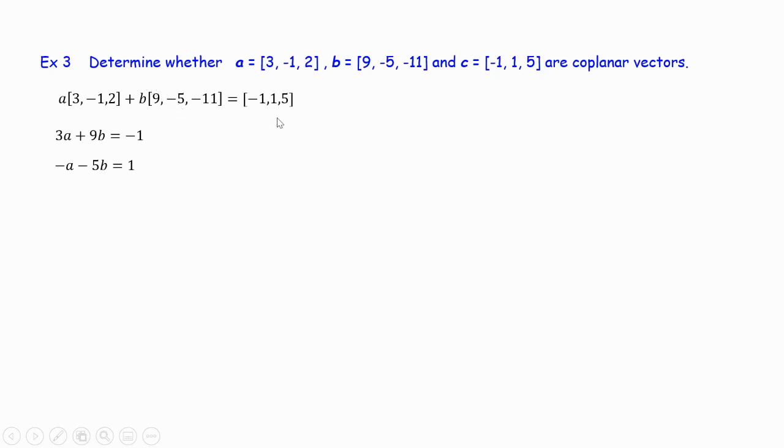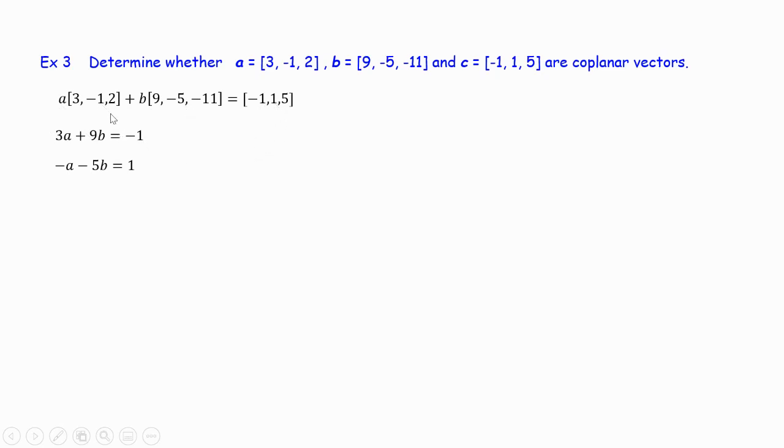We're going to use the Z coordinate to see if this works or not. We get to the Z coordinate later on. We're going to take the X coordinate, so we're going to take the 3A and the 9B and set it equal to the X coordinate of minus 1. I'm going to take the minus A and the minus 5B and see if I can get that equal to 1.